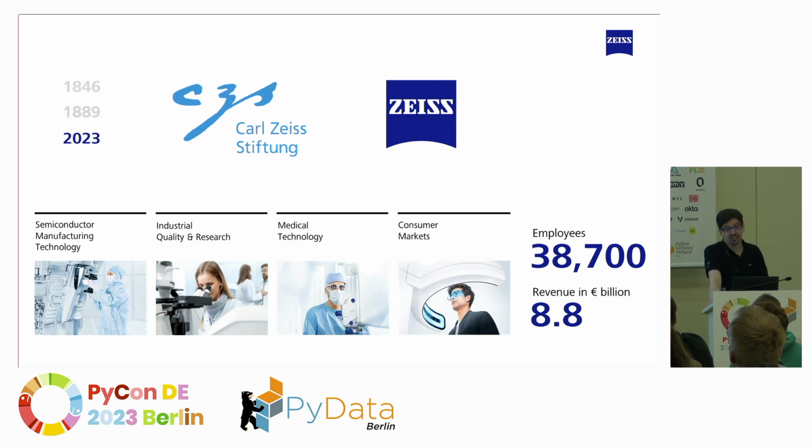I had eye surgery on one of your laser systems, and now my vision is great again." And fourth area is semiconductor manufacturing technology. Almost all of the computer chips, so in your phone, in your laptop, are made on our machines. And this is what I'm going to talk about today.